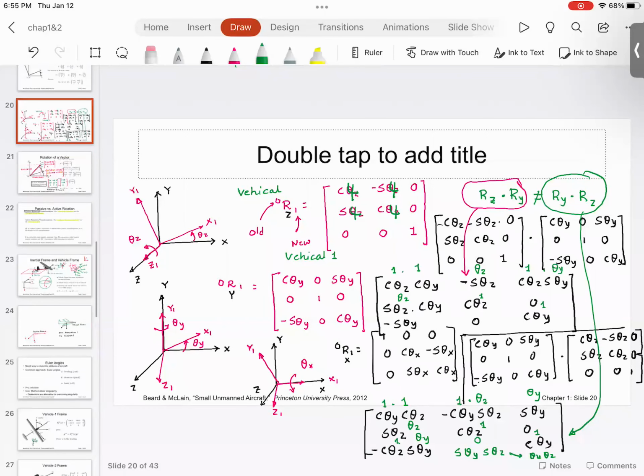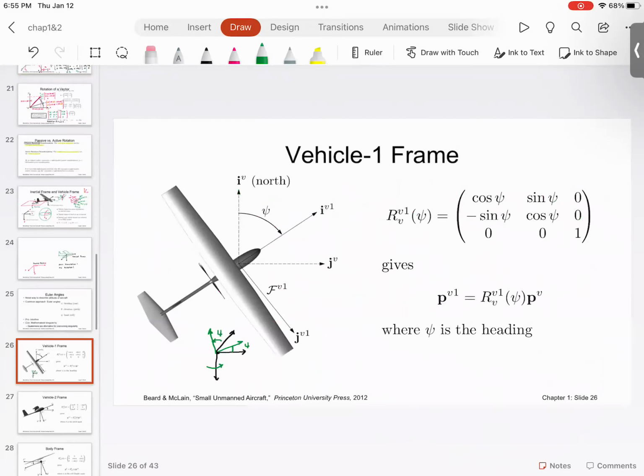So now I want you to look at the transformation that is shown over here. This nomenclature, and I want to be clear because if you use the book, the nomenclature is slightly different. This nomenclature is rotation of V1, which is the vehicle 1 frame, with respect to the vehicle frame.